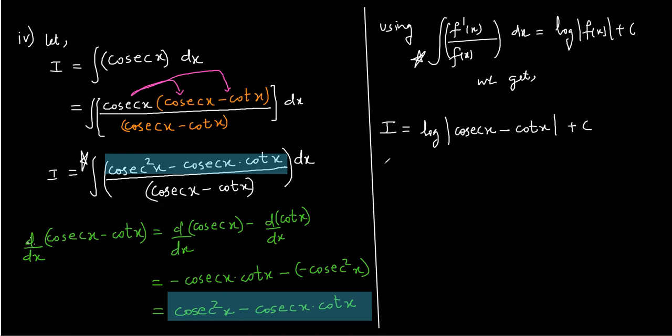Okay, so this is the integral. So I will write integral cosec x dx is equal to log of mod of cosec x minus cot x plus c. This is the final thing.